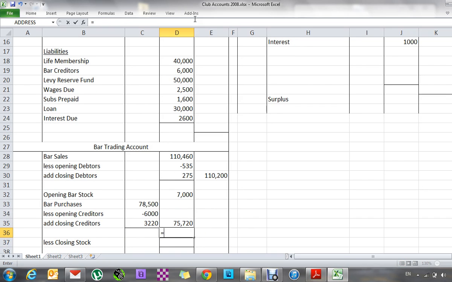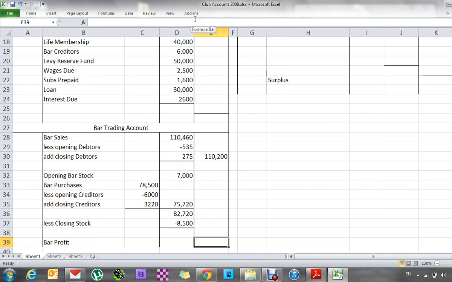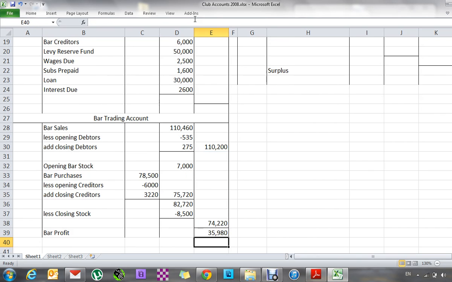So the opening bar stock plus the real bar purchases, take away our closing stock. Closing stock at the end is 8,500, and that gives us the cost of goods sold. And we then subtract the cost of goods sold away from the figure above, and that gives us our bar profit. So that then we're going to put into the incomes.